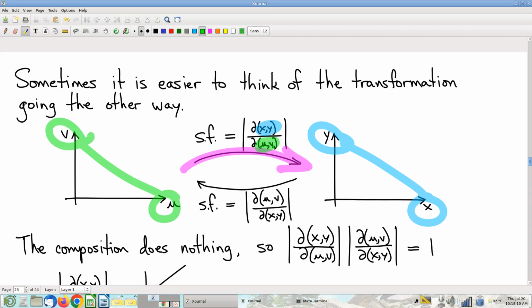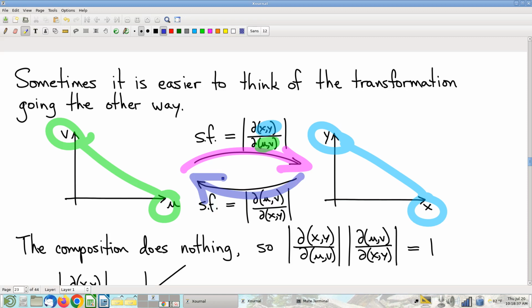Okay. Well, I could invert that function. If I have x and y as functions of u and v, I might be able to do some algebra. Certainly in the abstract, being an invertible function, I should be able to solve for u and v. If you solve for u and v, then u and v are the output values now.